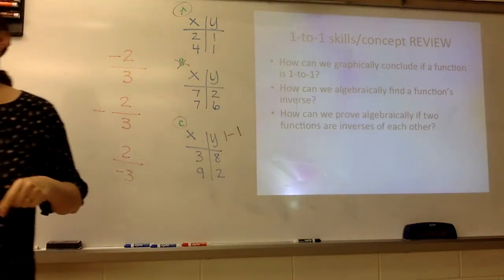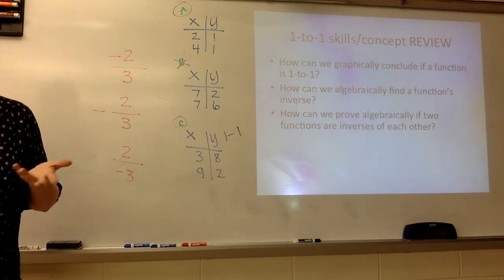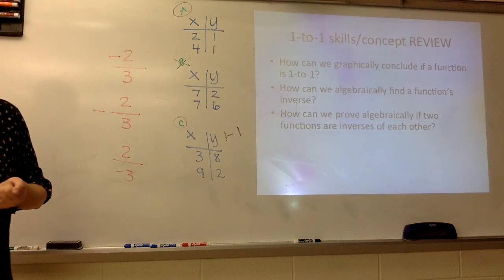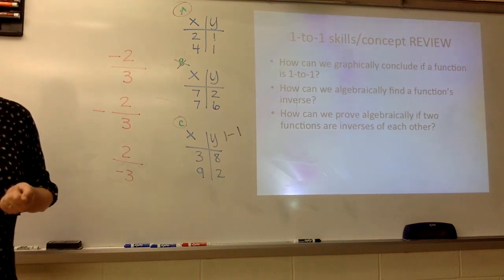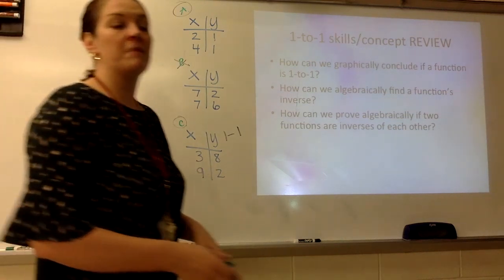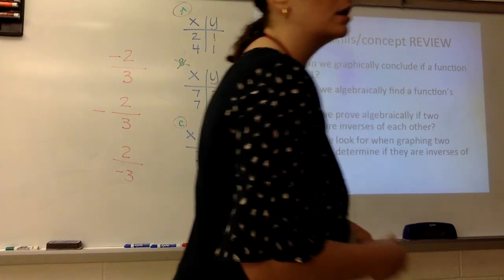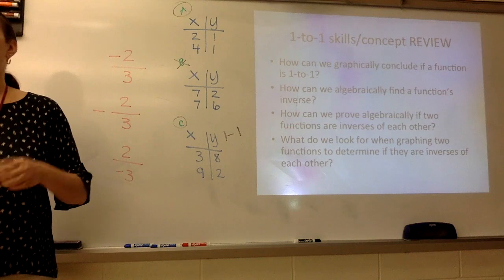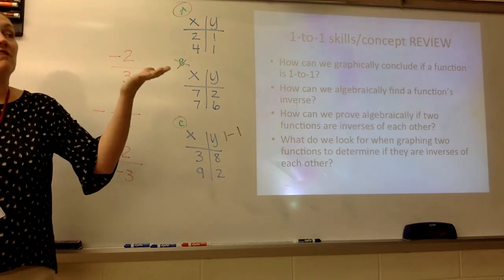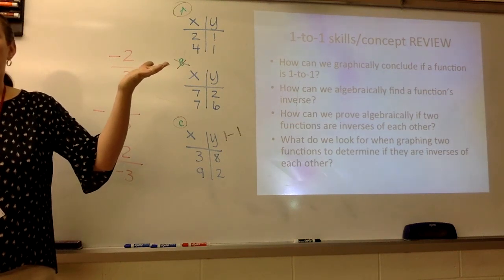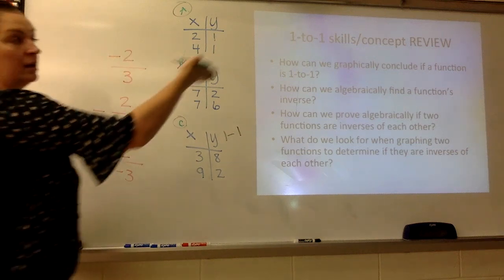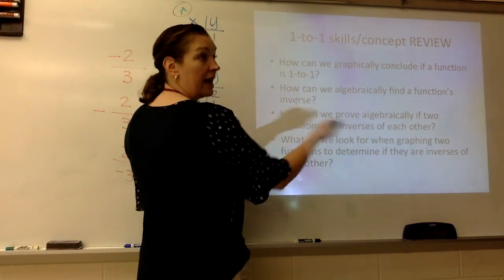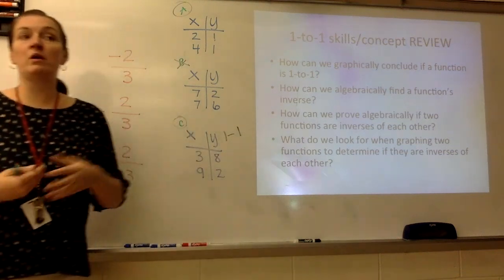How can we prove algebraically that two functions are inverses of each other? Use composites. Find f of g, g of f, make sure they both reduce back to x. What do we look for when graphing two functions to determine if they are inverses of each other? So you have the pictures of f and g. See if they're reflections across the line y equals x. Okay? That's the summary of everything we went over in today's lesson.